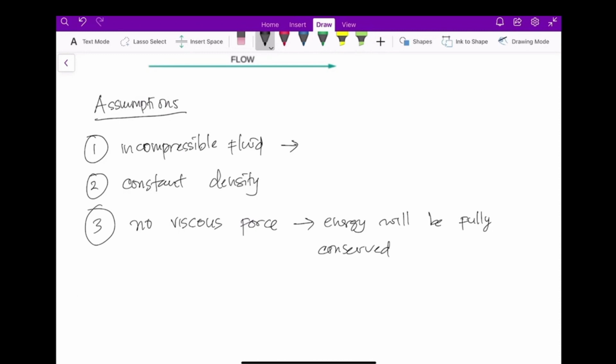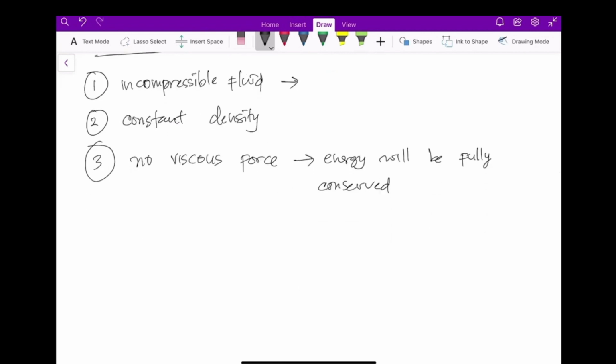So at any point in this piping system, the energy of any part of the fluid will always be conserved. That's why we can proceed, once we fulfill these three assumptions, to do the Bernoulli equation.